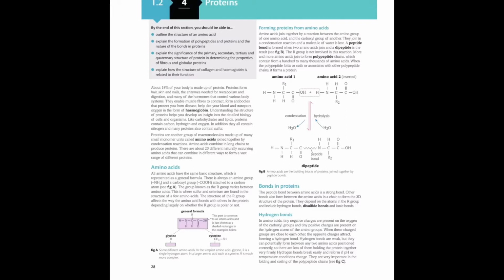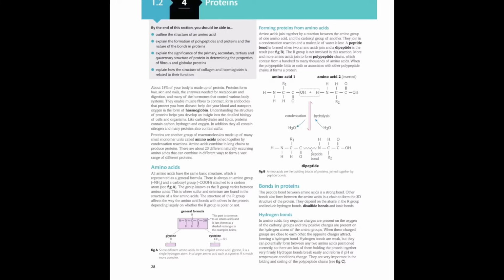Like carbohydrates and lipids, proteins contain carbon, hydrogen, and oxygen. In addition, they all contain nitrogen, and many proteins also contain sulfur. Proteins are another group of macromolecules made up of many small monomer units called amino acids, joined together by condensation reactions.